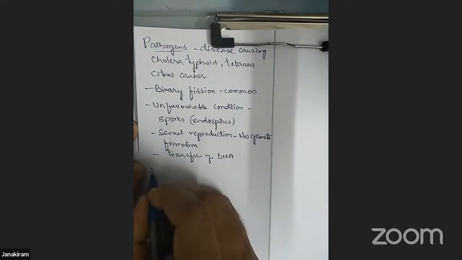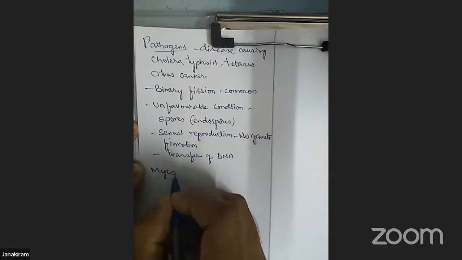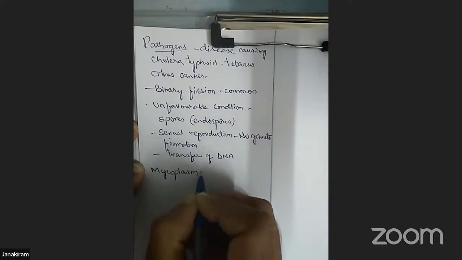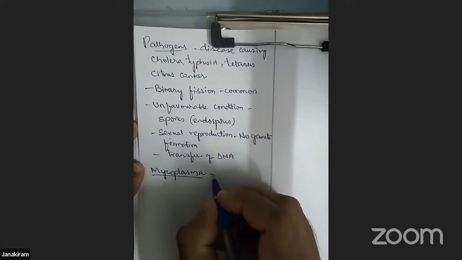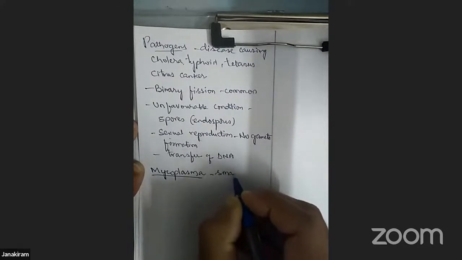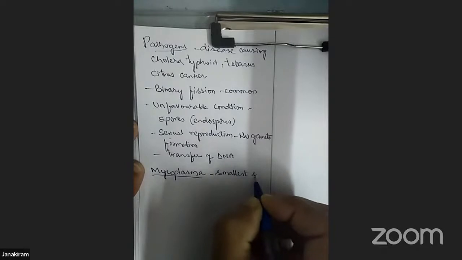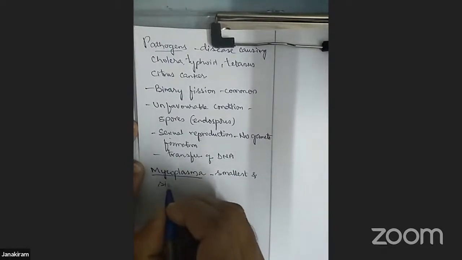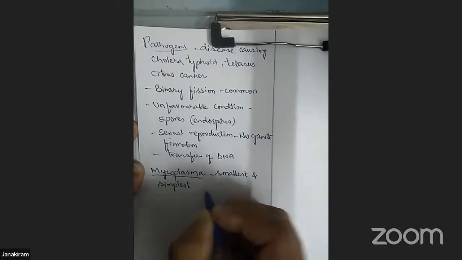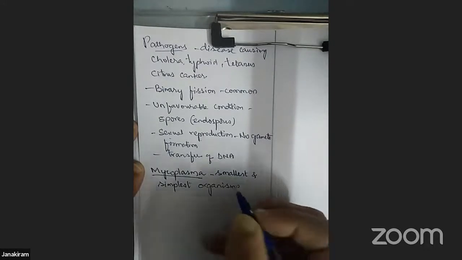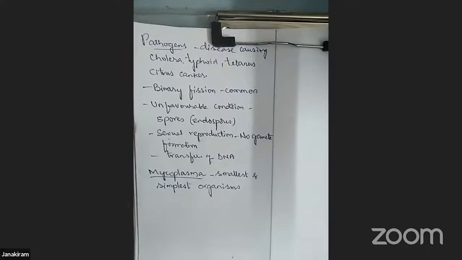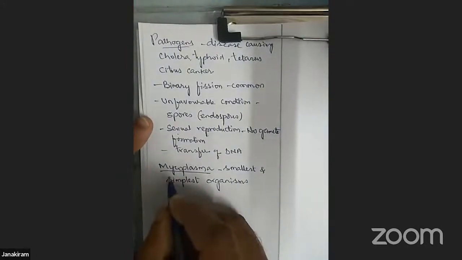Then some other group of organisms are mycoplasmas. Mycoplasmas are considered to be the smallest and the simplest organisms. Smallest because their size is very small, and their structure is also very simple.